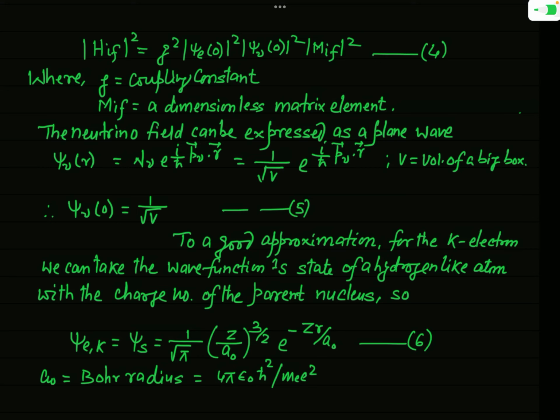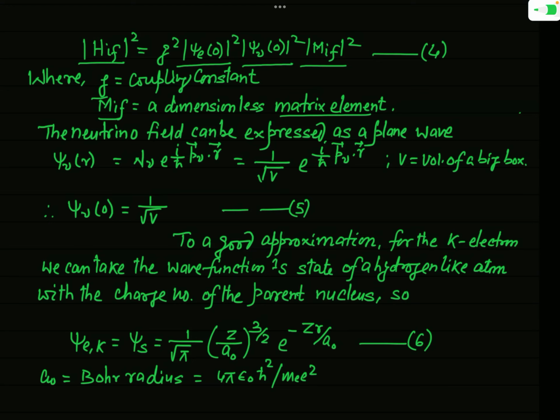You have seen that the mod of H_if squared is equal to g squared times mod of ψ_e(0) squared times mod of ψ_ν(0) squared times mod of M_if squared. This g is called the coupling constant. And what is this M_if? This is a dimensionless matrix element, or you can say a scalar, and it acts like an operator.